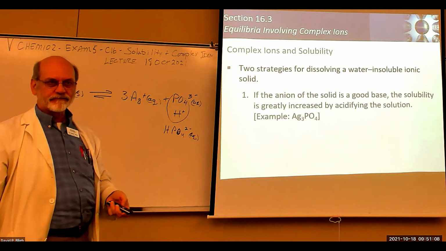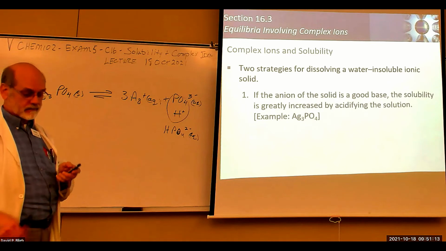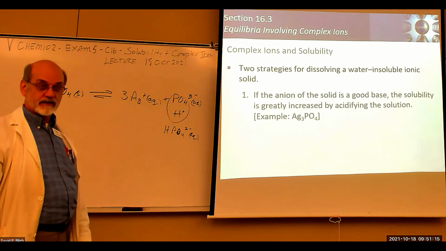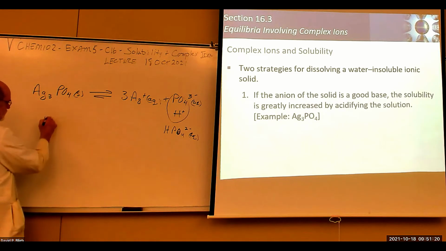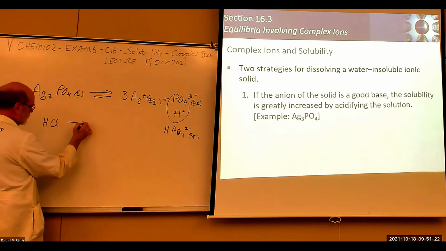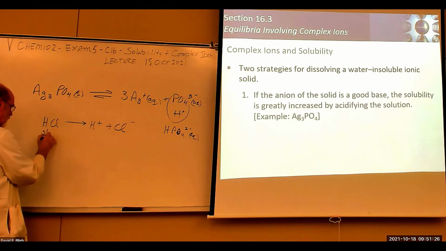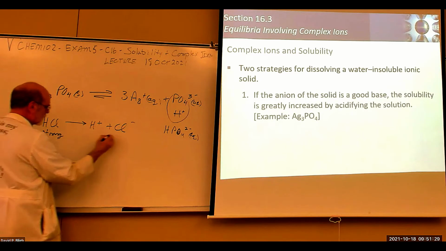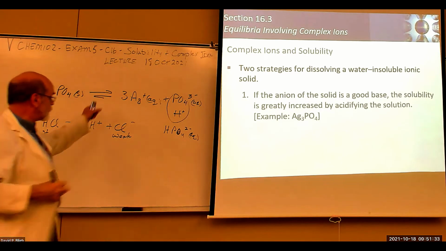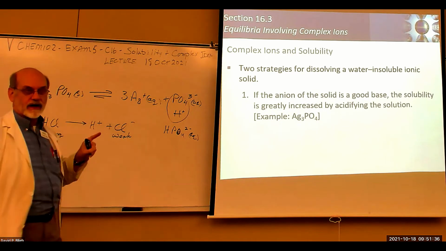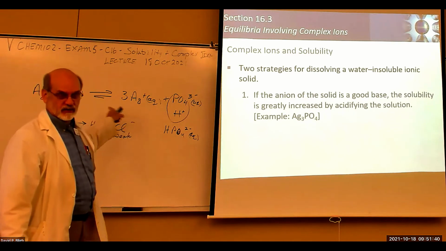So if your anion is a strong base, then all you have to do is acidify the solution and you'll get it into solution. But what if your anion is not a strong base, like silver chloride? Chloride is not, it's a very weak base. Why? Because this is a strong acid. This is a weak base. Okay, so you can't use that scenario for silver chloride. Won't work. If you acidify it, it'll make it less soluble.